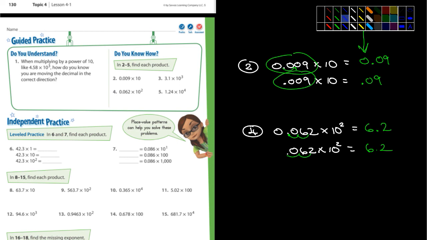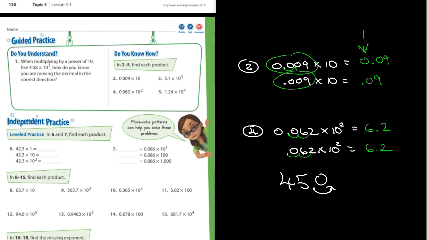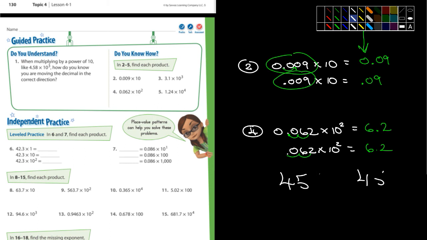Well, when you move the decimal to the right, the number is getting larger. If you move it to the left, it's getting smaller. Let me show you what I mean. Look, if I had 45, and the decimal's right here, and I move it over 1, and now I add a 0, what's bigger, 45 or 450? 450.